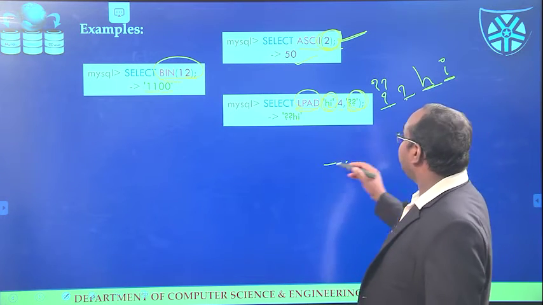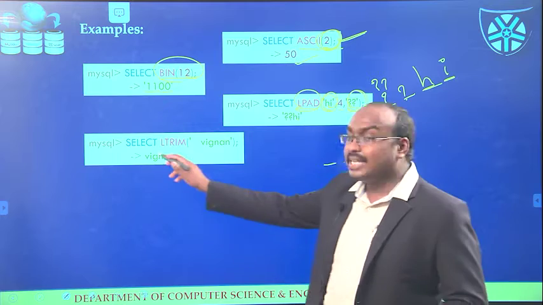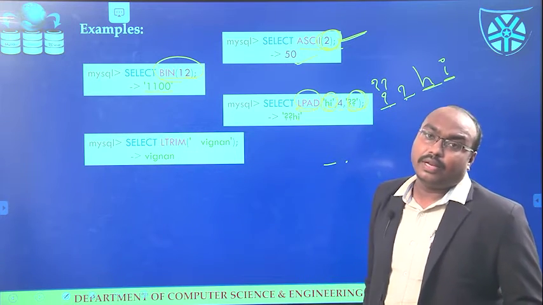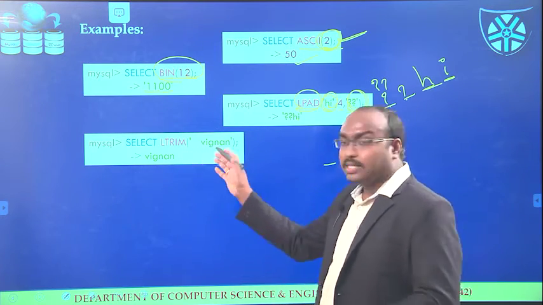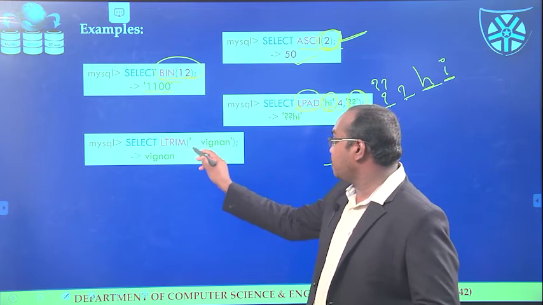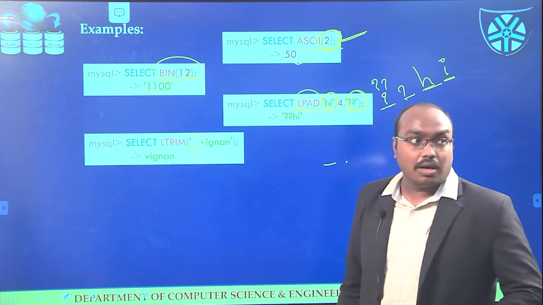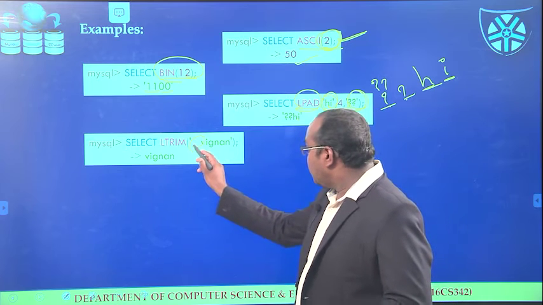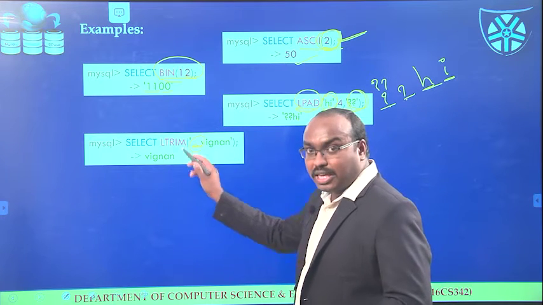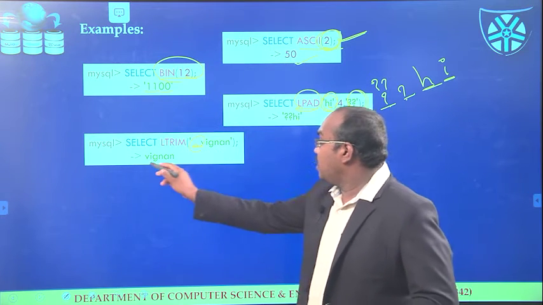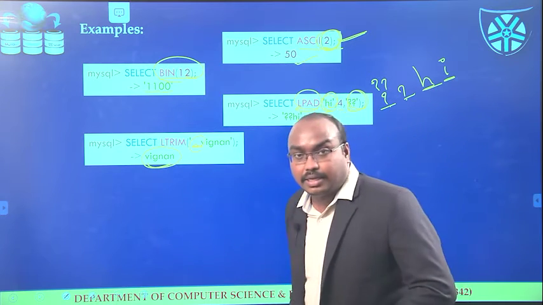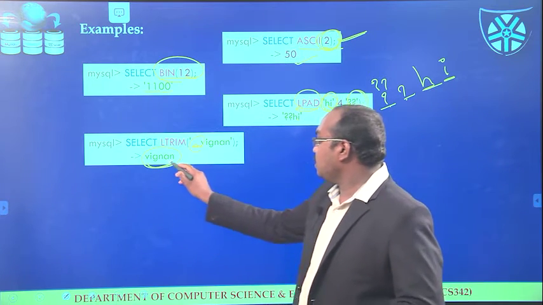Okay. And the next one, select LTrim. Here the LTrim function will remove the spaces before the string. Whatever spaces are before the string, all the spaces will be removed. So here some space is there before the string, so it will return the content with the space removed.